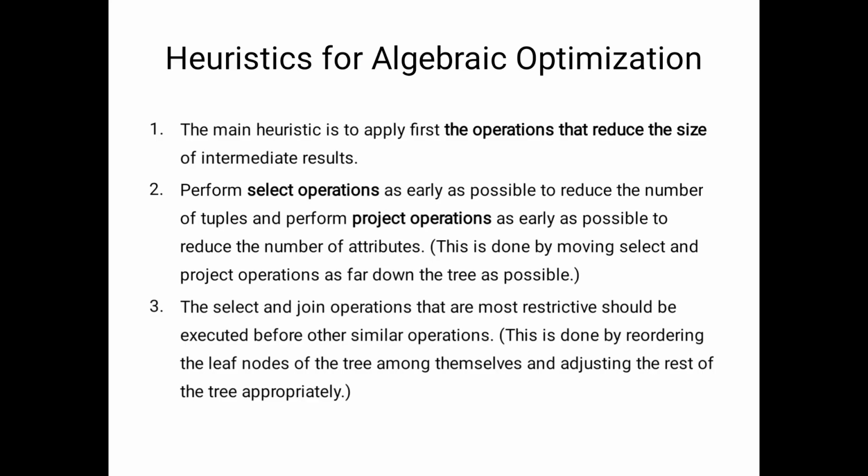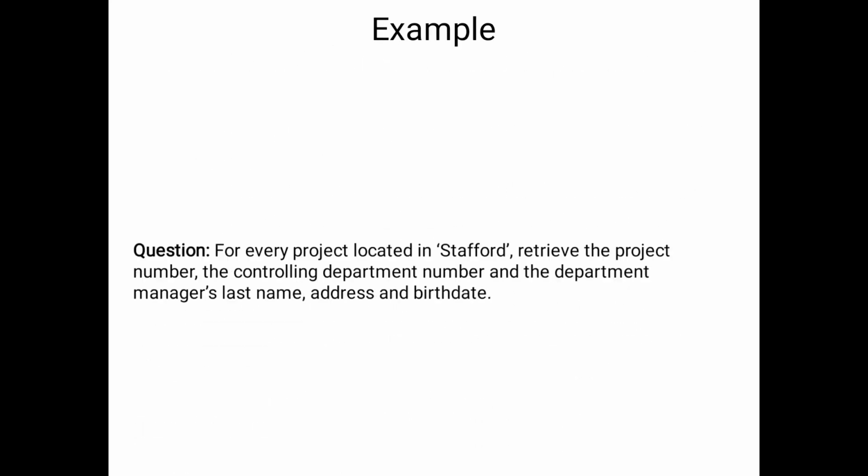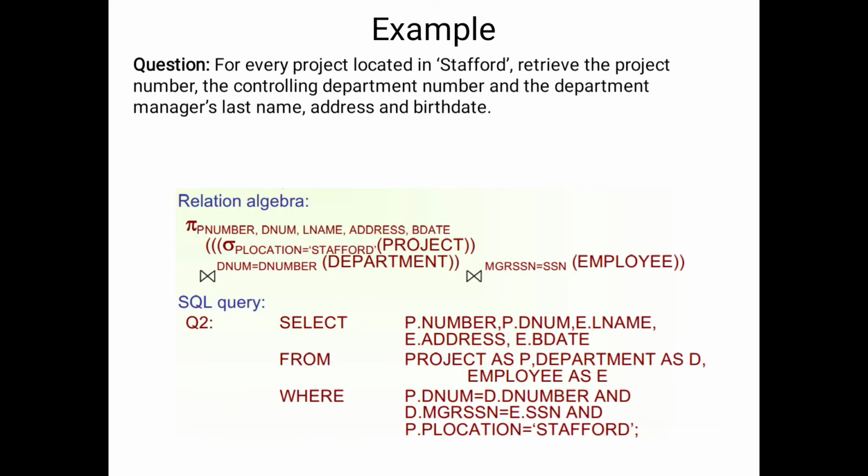The main heuristic is to apply first the operations that reduce the size of intermediate results. Second, we will perform the select operations and project operations. Finally, the select and join operations that are most restrictive should be executed before other similar operations. These are the 3 rules. Now we will see the example, no problem.